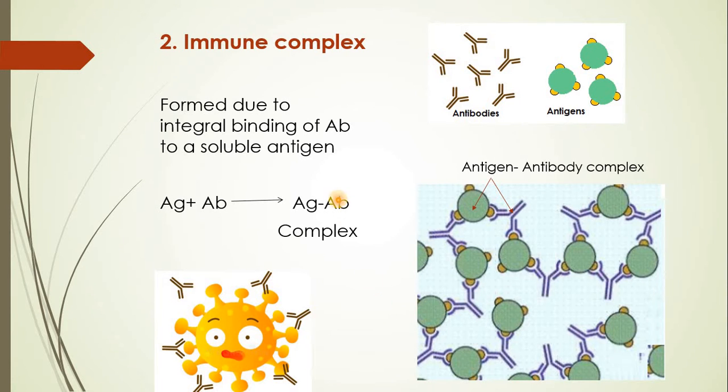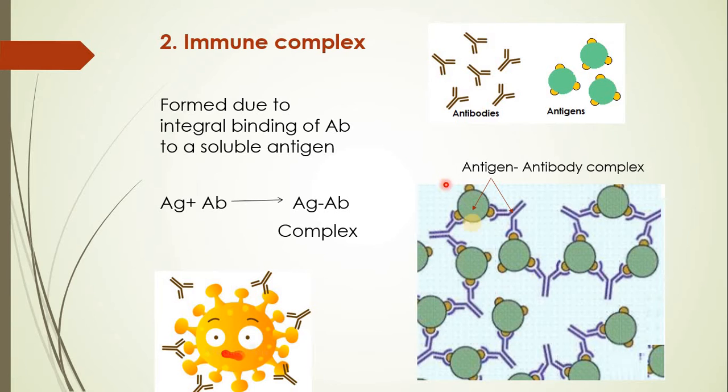Now let us talk about the immune complex. In the previous slide, I said there is specific binding of antigen to antibody. Now this specific binding results in the formation of a large complex, and this complex is called the antigen antibody complex, also called the immune complex.